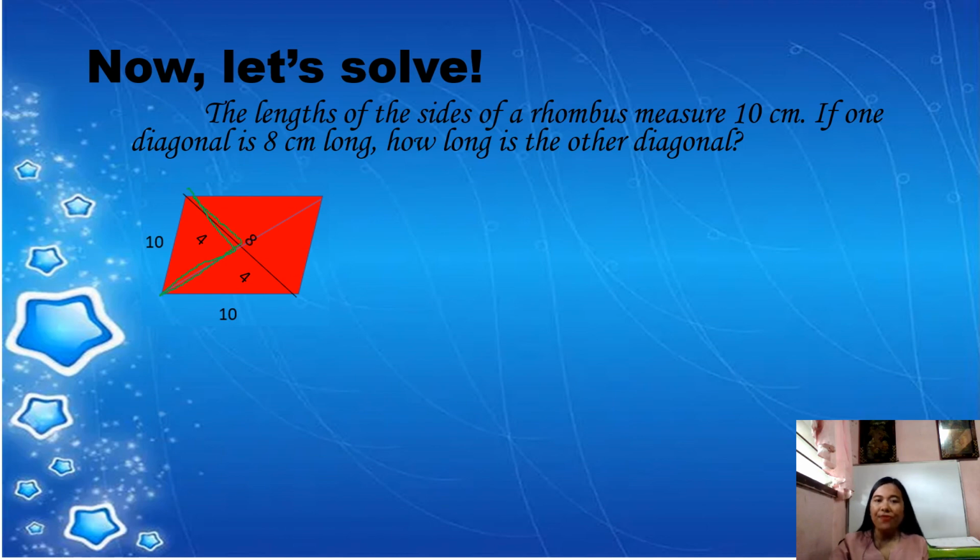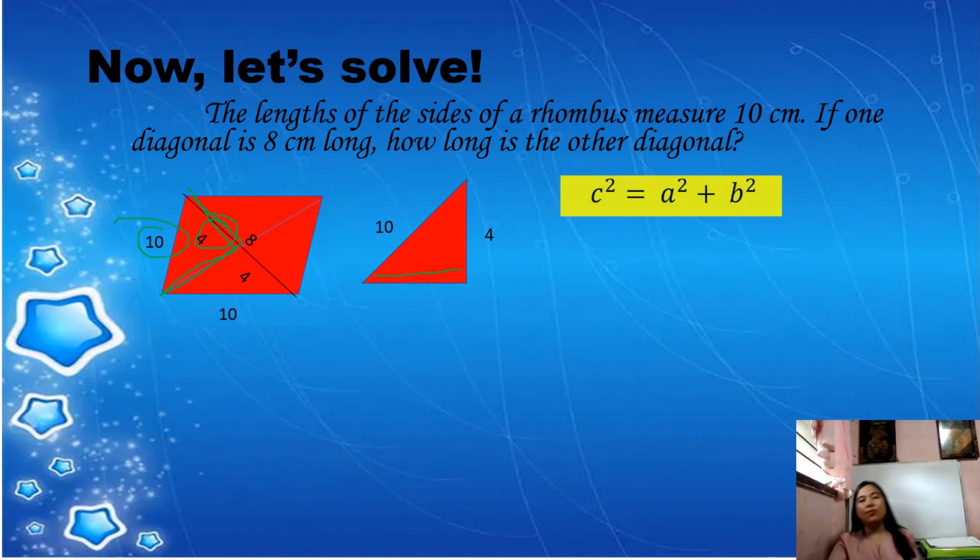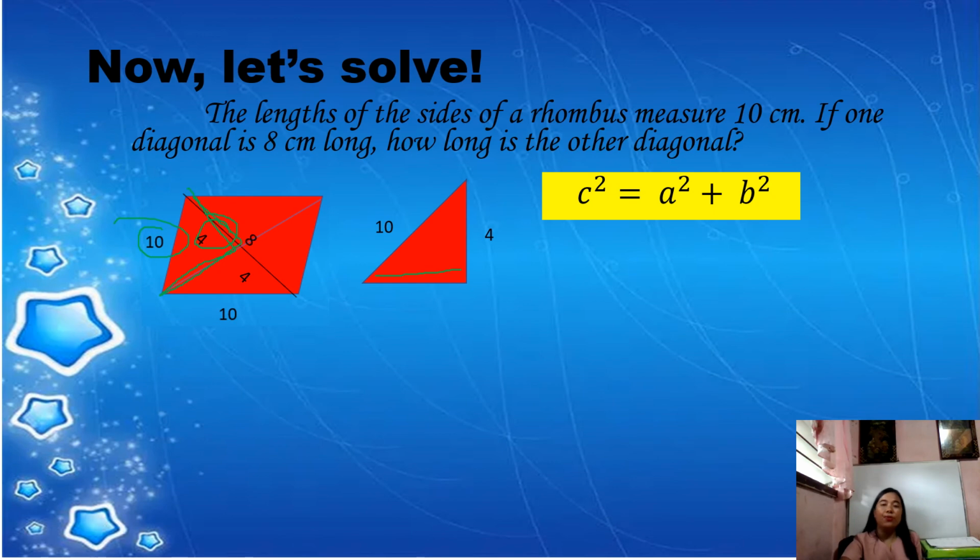So if that is a right triangle, then we have here the given, which is 10, and the 4. So what is missing is this figure here. Now, if this is a right triangle, then we can make use of the Pythagorean theorem.